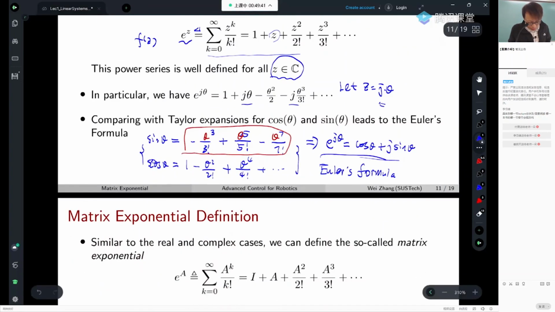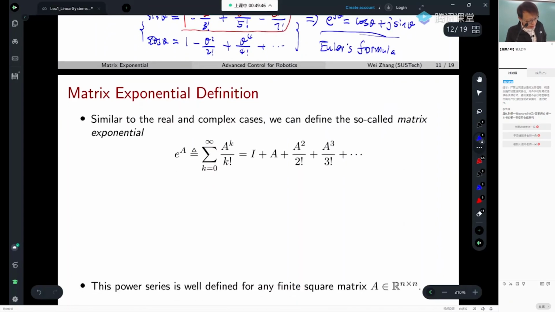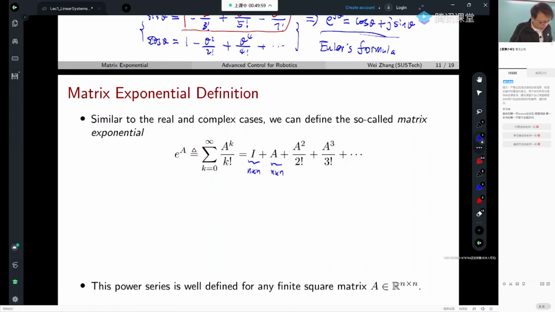Then I can define a function of a matrix, which is called the matrix exponential. That's exactly the matrix exponential. In this case, this is an n by n matrix, and this is also an n by n matrix.